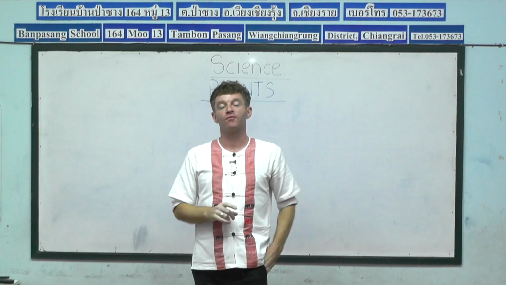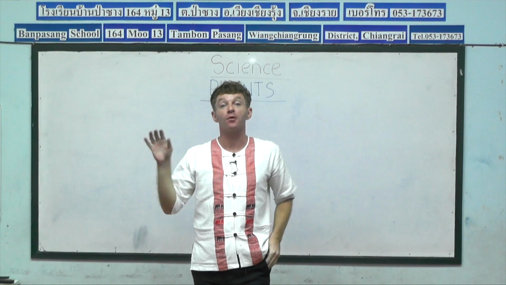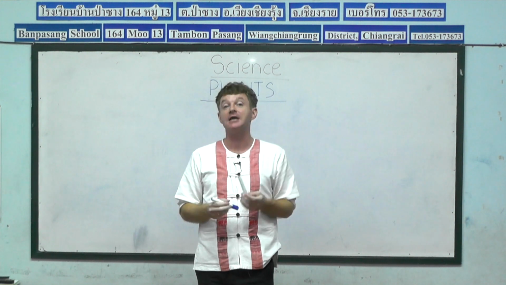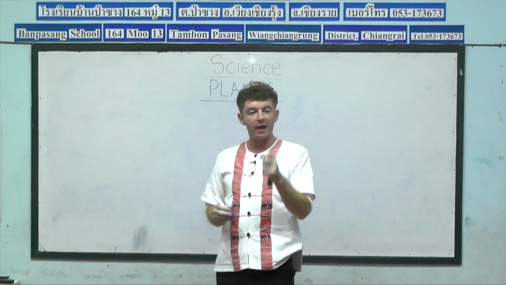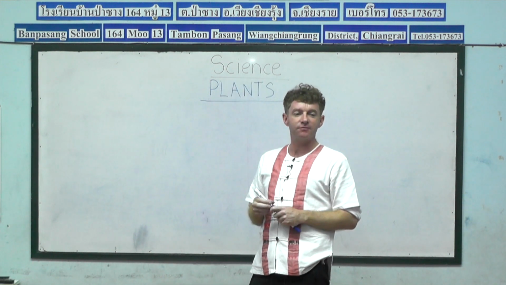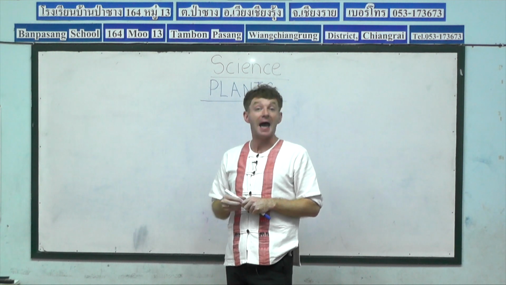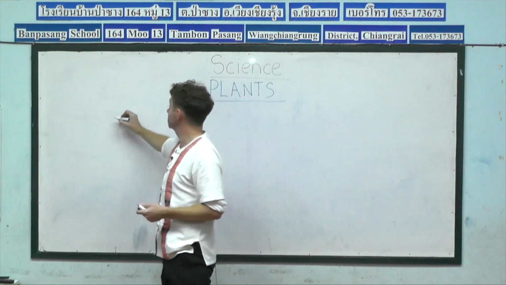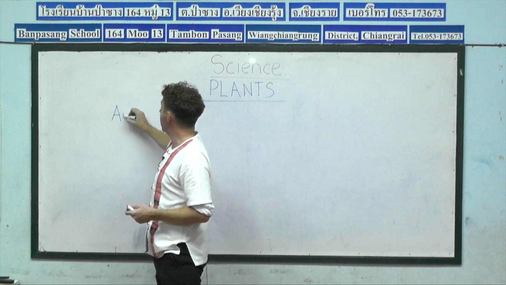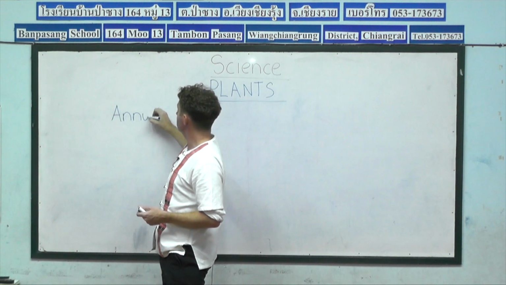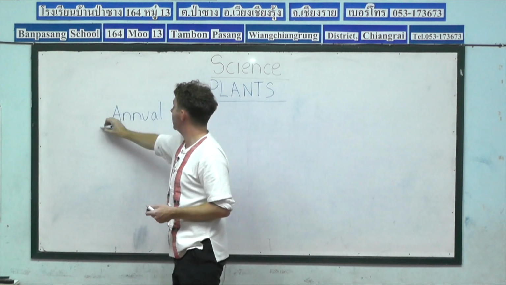So what we need to do first, teachers, is we need to have our 3 categories of classification on the board. So guys, a plant that lives for less than 1 year is called annual. A-N-N-U-A-L.